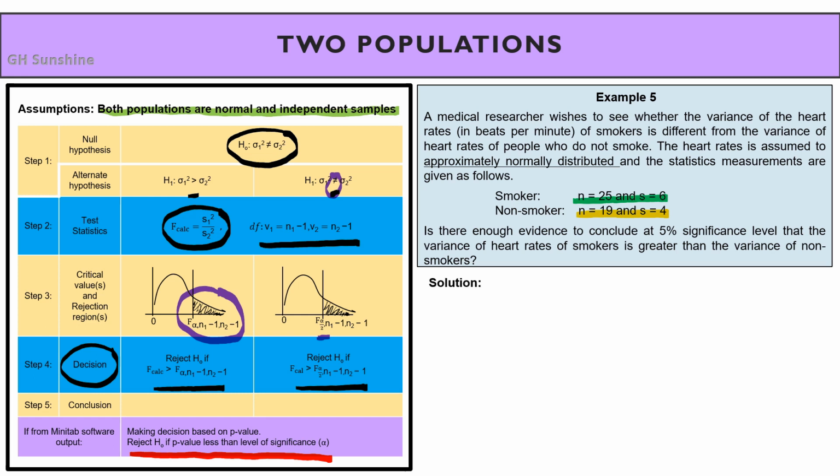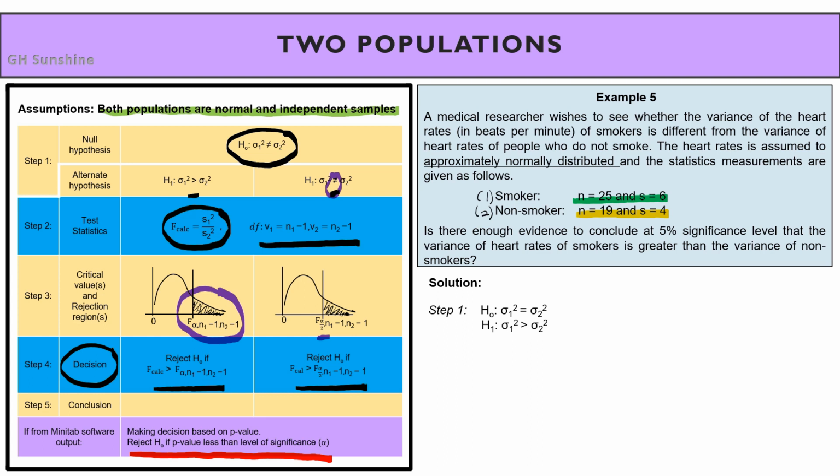So first, what you need to do is set up the hypothesis. H0: sigma 1 squared equals sigma 2 squared. Let's say smokers are denoted by number 1 and non-smokers by number 2.